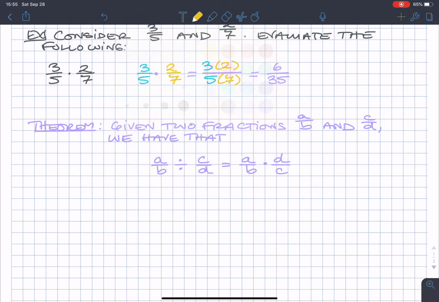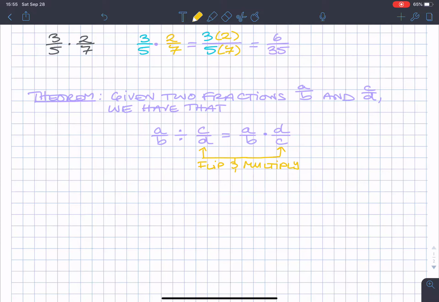So what have we done? We have flipped this second fraction over. So flip and multiply. Provided what? That neither b nor d are 0.